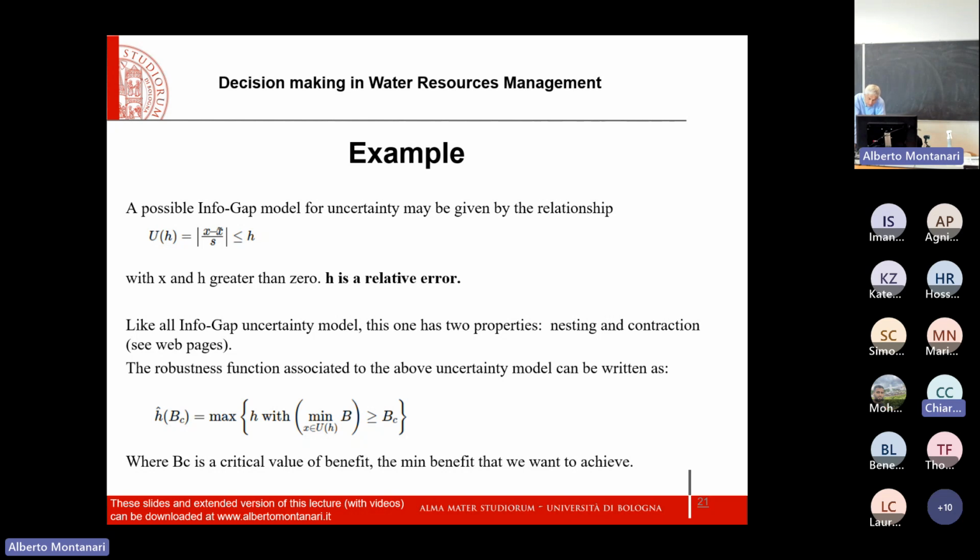So basically, there is a search. If you look at the definition of H hat, it is the max of H. So basically, you use the first equation, computing the benefit corresponding to the different values of X, to look for the max.